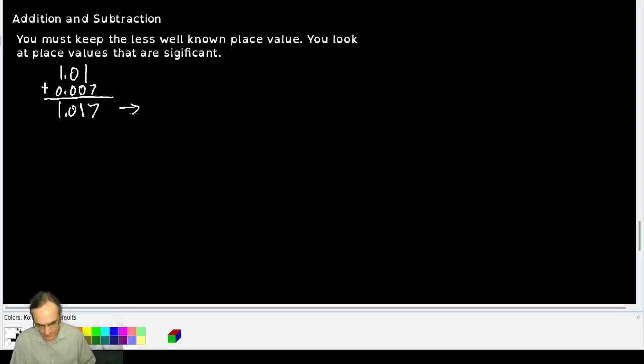But because of the rule that you must keep the less well-known place value, we have to truncate that to the hundredths place. In this case, that will mean rounding to 1.02. The same kind of thing can happen as with the multiplication, where you can lose a tremendous amount of precision. So yeah, be careful with these kinds of things.